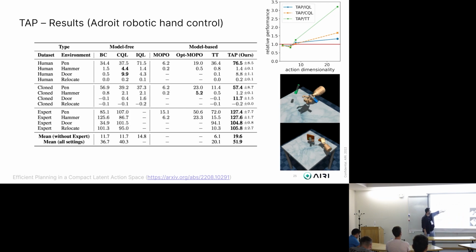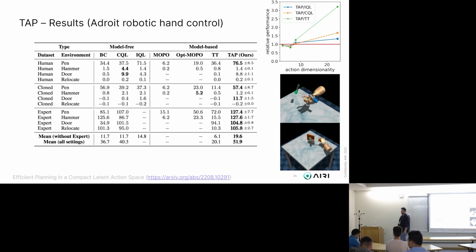We will see that planning in the latent space gives you good results. And here is the plot of how the TAP model behaves compared to other common models such as trajectory transformer, CQL, if we increase the dimensionality.